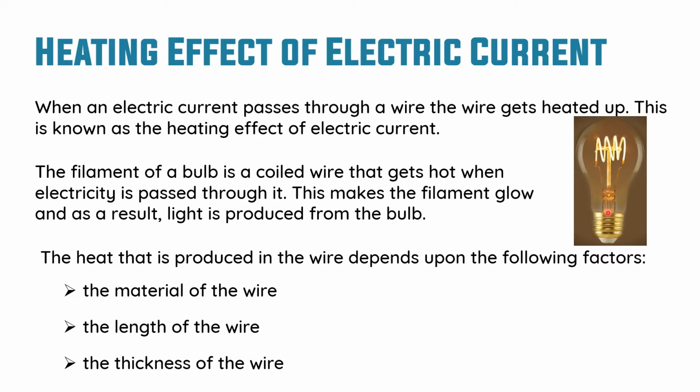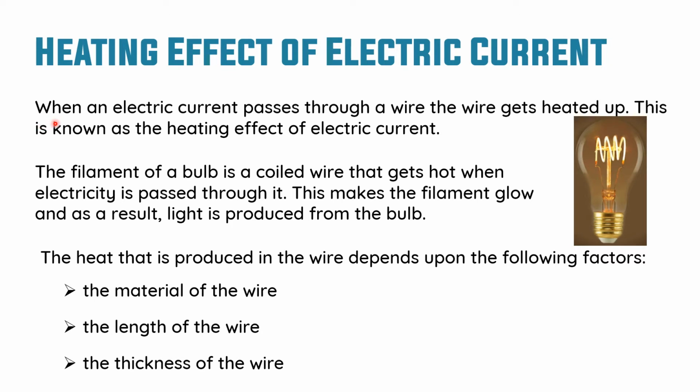When you touch the outer body of the bulb, you can also feel the hotness. This makes the filament glow, and as a result light is produced from the bulb. So that effect is called heating effect of electric current.